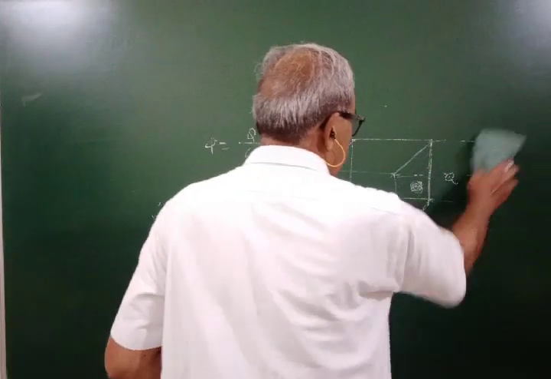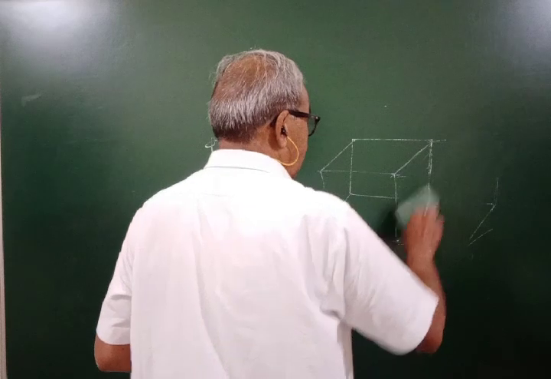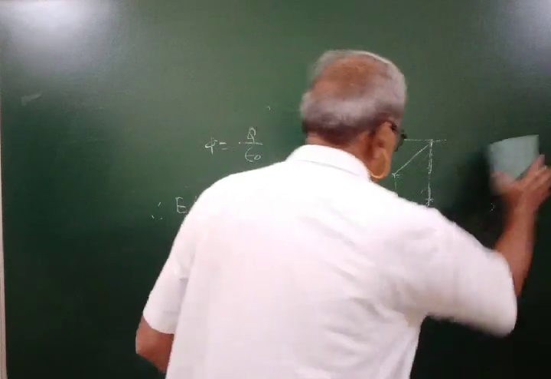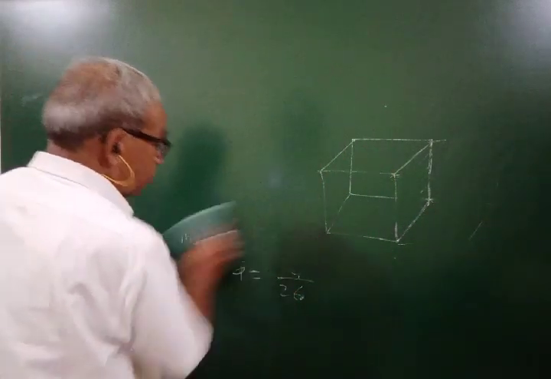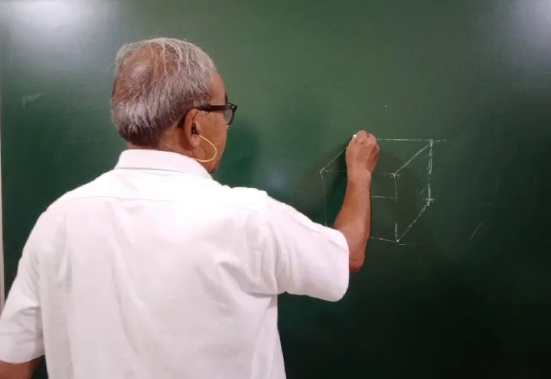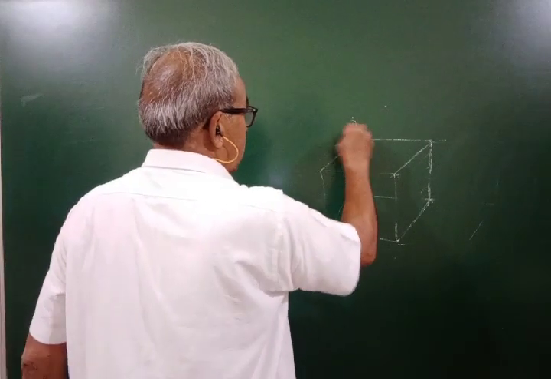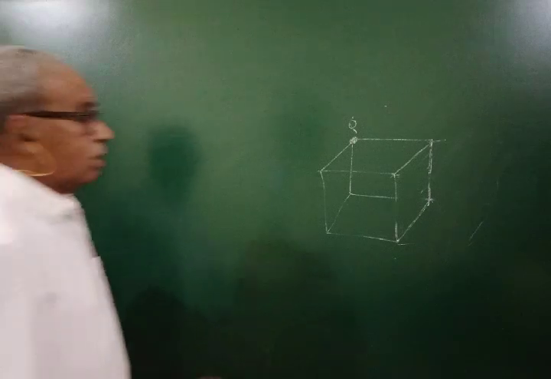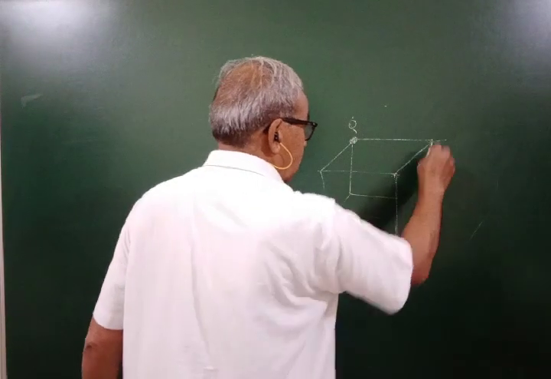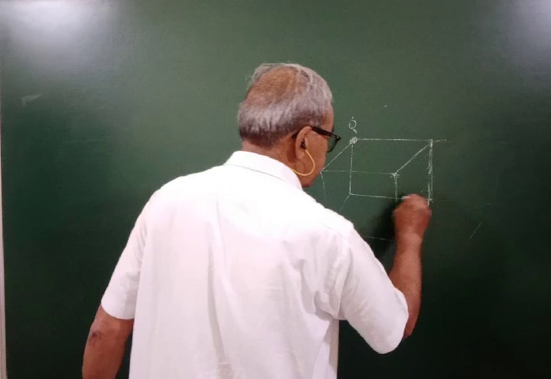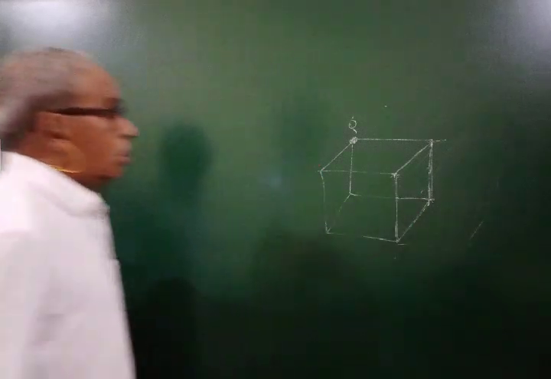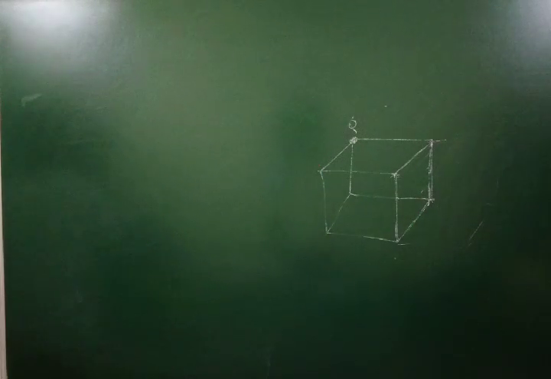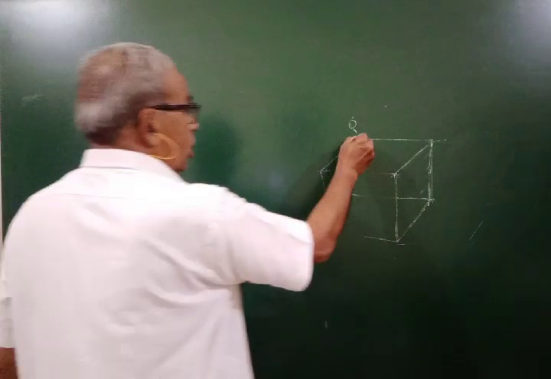Now I change the question here. Let this charge not be placed on the surface. Another question is there. Charge Q is placed at this corner. Then how much electric flux is linked through this cube, the closed Gaussian surface? This charge is not inside.